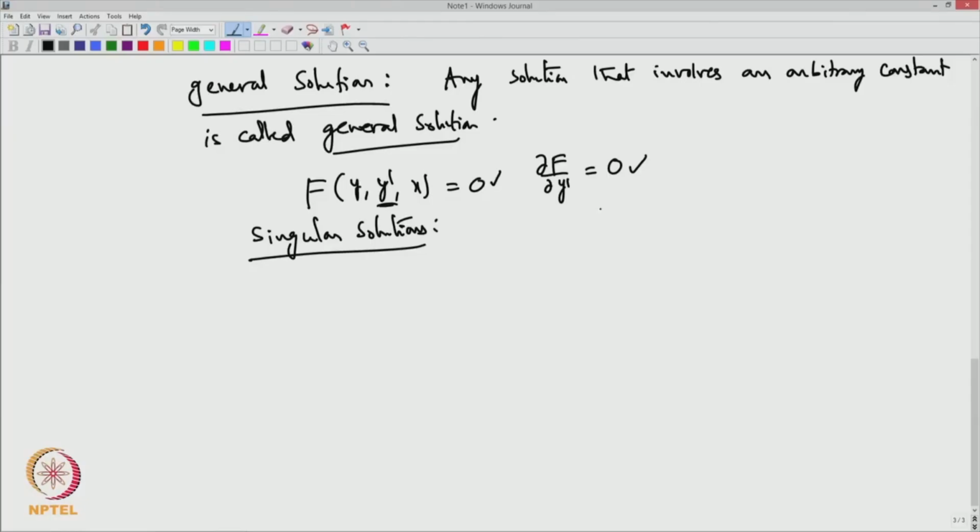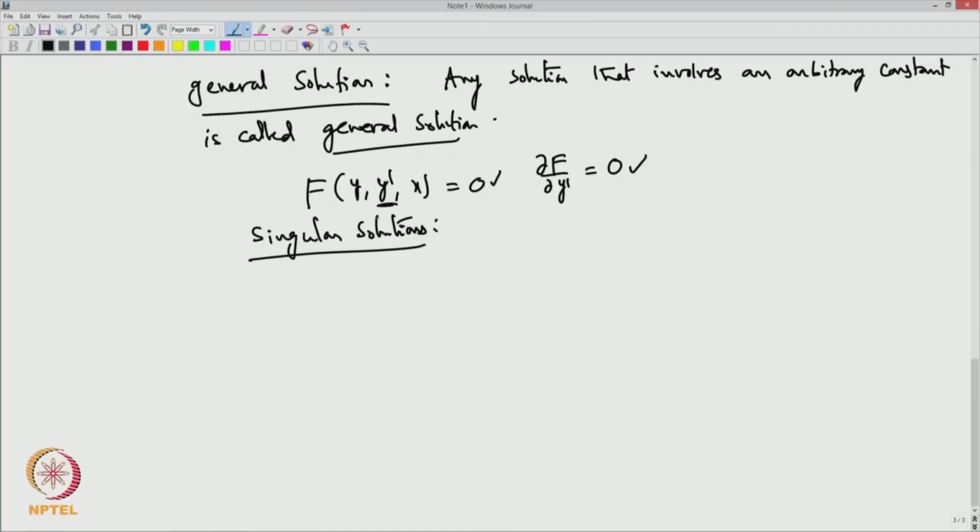It is a curve, and that curve is called the singular solution. Okay. That is one way, but if the envelope exists, that is the solution. So, if you solve these two equations, you can expect to get your envelope, that is a singular solution.